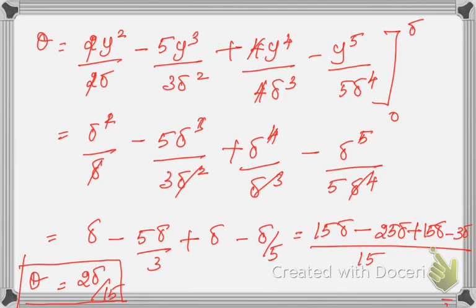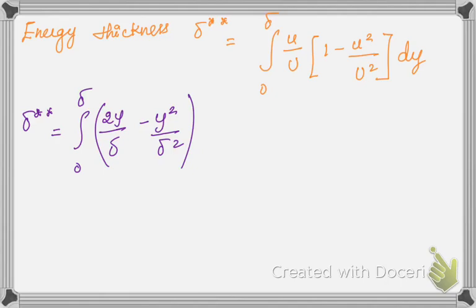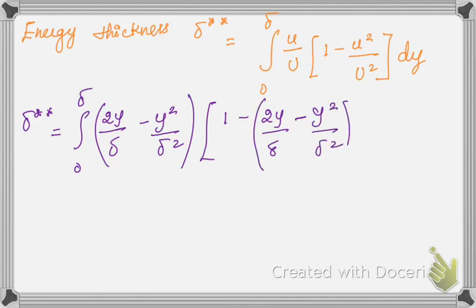Next I have to calculate the energy thickness, and I am going to write the formula for that. So this is the formula for energy thickness. Now we have to substitute all the terms, from 0 to del. Instead of u by U, I write 2y by del minus y squared by del square, and 1 minus 2y by del minus y squared by del square, the whole square.